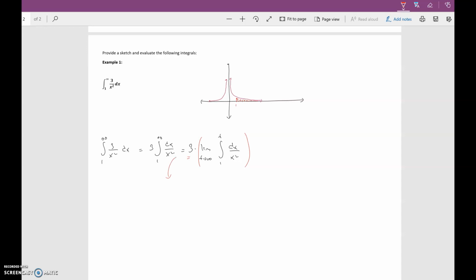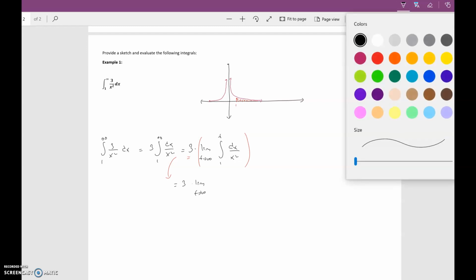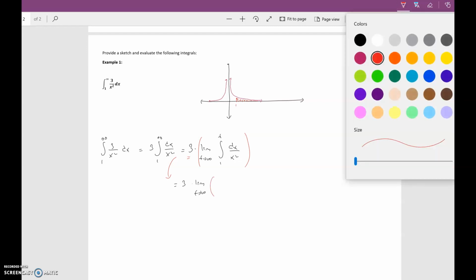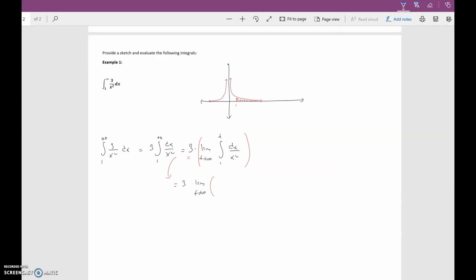Let me rewrite it. This is equivalent to 3 times the limit as t approaches infinity. And then what we can do here is evaluate the integral, and our integral is going to be negative 1 over x, evaluated from 1 to t.